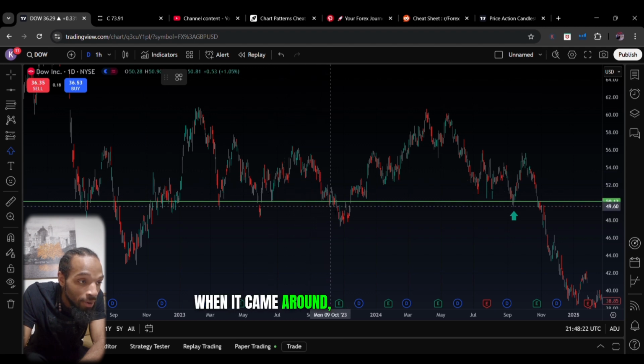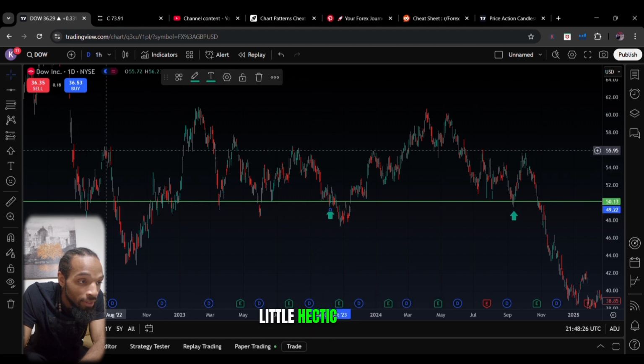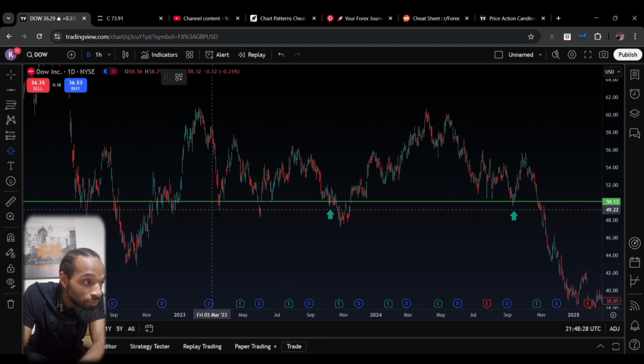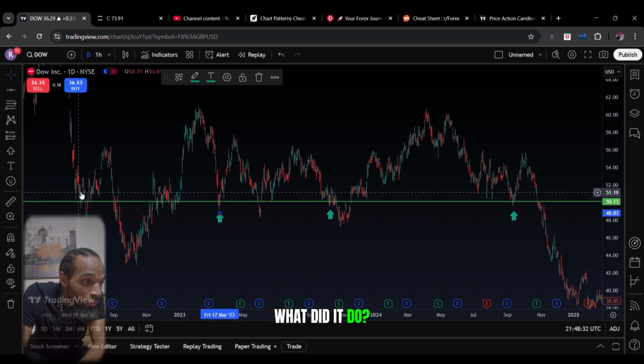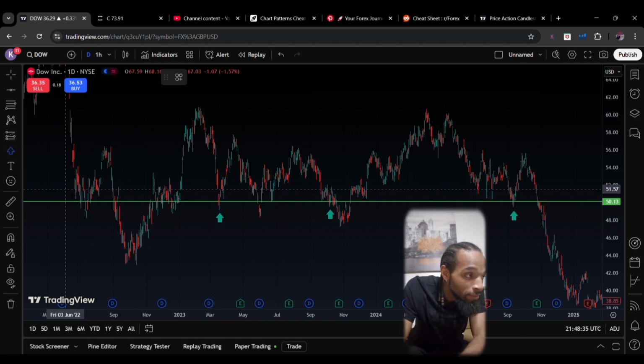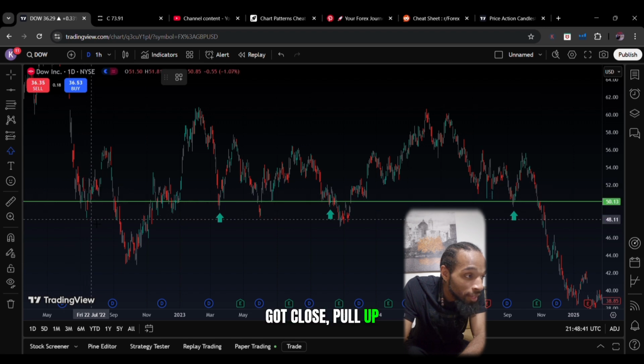When it came around, it started to get a little hectic. Bounce. Came right here, what did it do? Bounce. And again, came right here a couple of times, got close, pulled up, got close, pulled up. Kind of passed it, but then ultimately, what did it do?